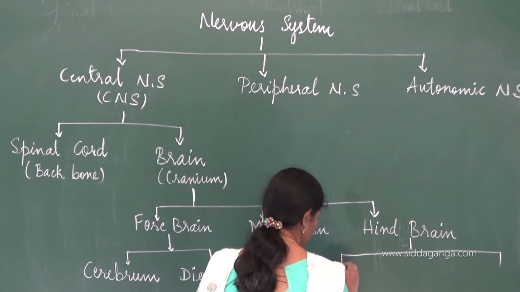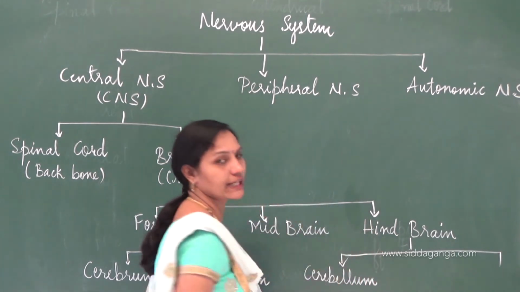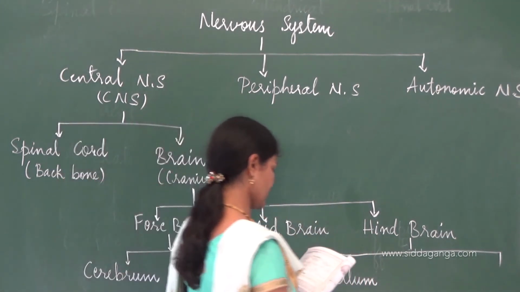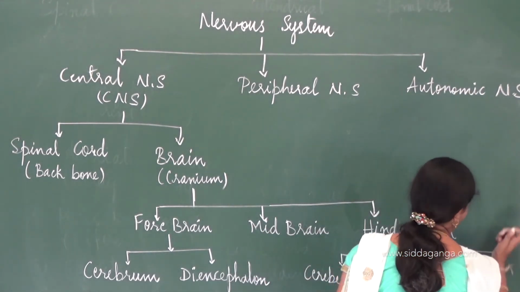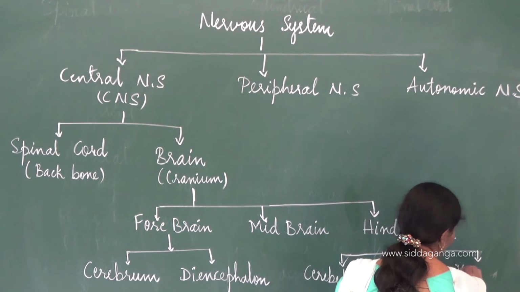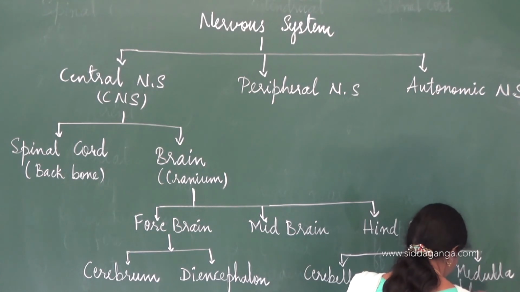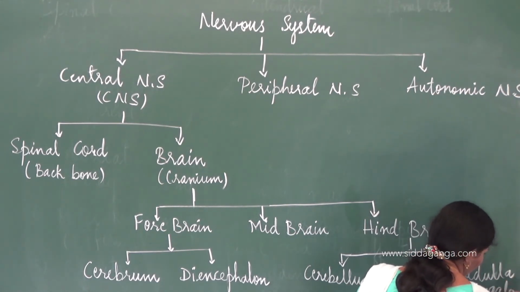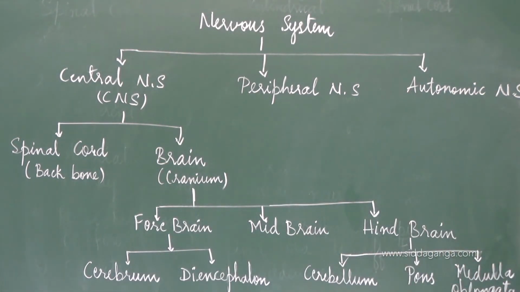The hindbrain has the cerebellum, pons, and finally the medulla oblongata.